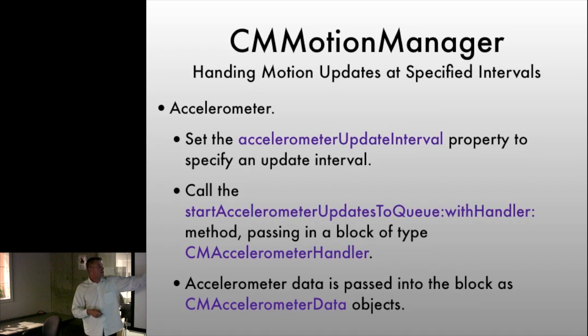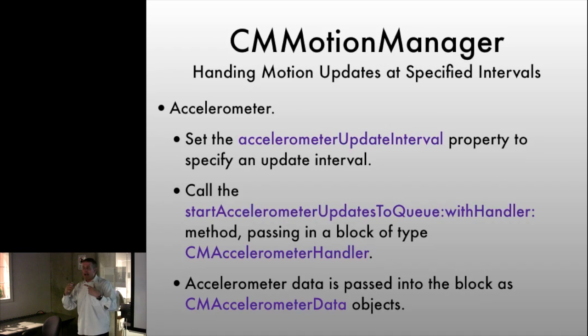You call start accelerometer updates to queue with handler. You have to provide a queue, the higher level data structure that's going to hold the information as it comes in from the lower level. You supply a block. We're going to talk more about that in a second. For the handler, your block will be called with the accelerometer data at your specified time intervals.